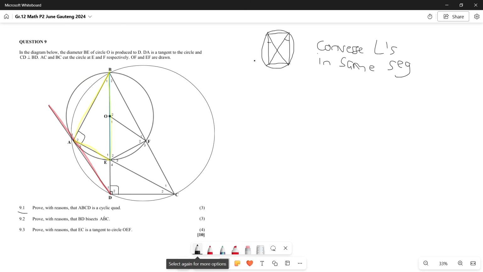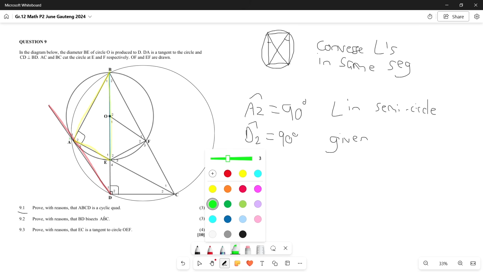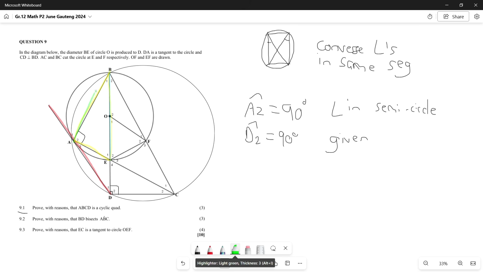go ahead and write A2 equals 90 degrees because angle in semicircle, and D2 equals 90 degrees because given, which means that D2 over here equals A2 over there. And if we're looking at the bow tie that we're working in, we have our bow tie over here, which means that here would be B1 equaling C2, and here, as we can see and have just proved, D2 equals A2.